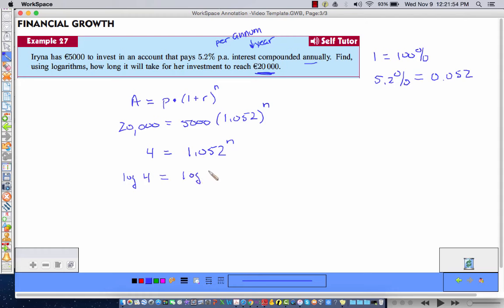So log 1.052 to the n, and then bring the exponent down as a coefficient. Then I divide both sides by log 1.052 equals n, and we'll go to our calculator.